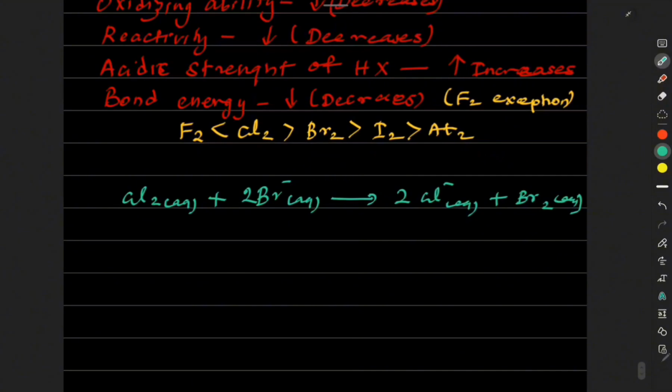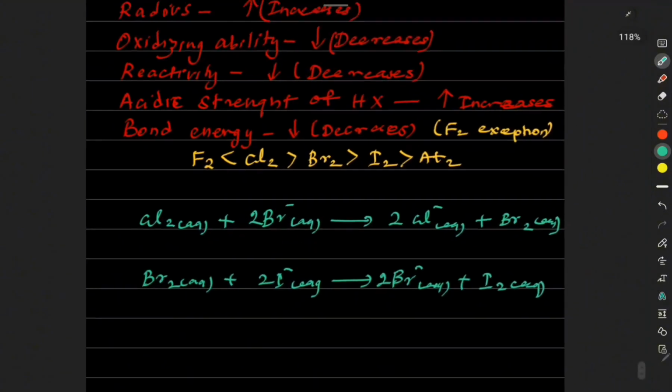Now the reaction between Br2 aqueous plus 2I- aqueous gives 2Br- aqueous plus I2 aqueous.